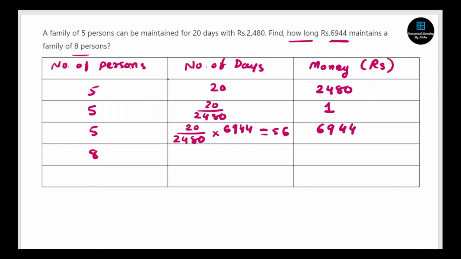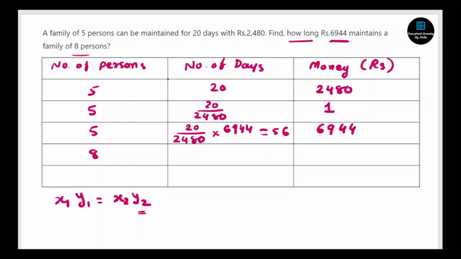These are your x1 y1 values, 5 and 56, and now 8, and you have to find y2. Remember what we did for inverse proportion: x1 y1 equals x2 y2. I want to find y2, so what do we have to do?